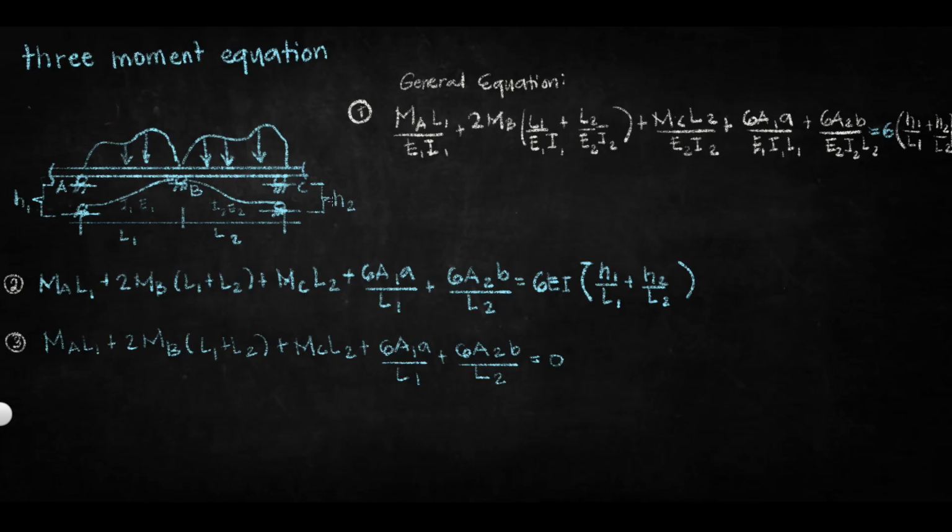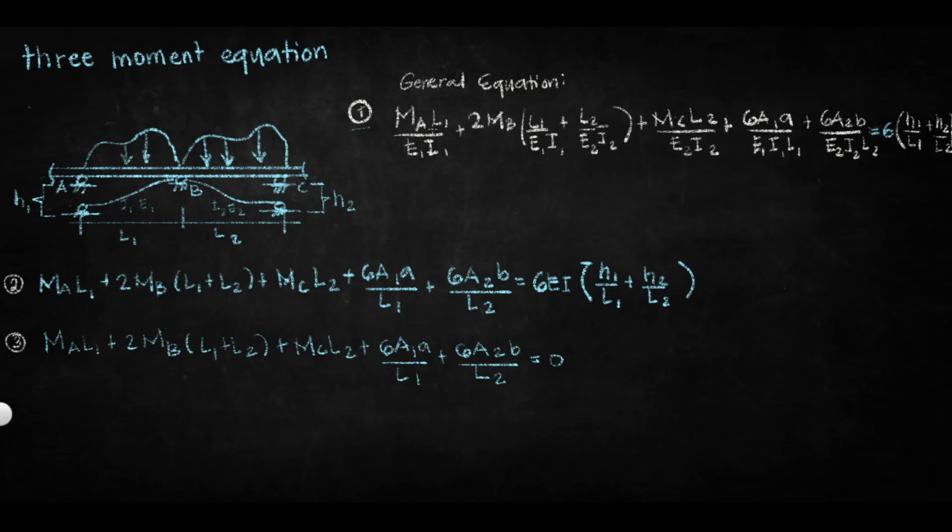In this three-moment equation, we have derived equations. We have the general equation here at the right, labeled equation number 1.